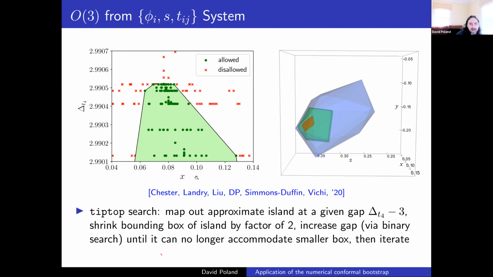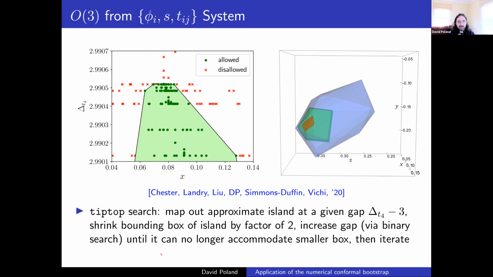The idea behind the Tiptop search is you pick some value of the gap, you map out some approximate island, and then you compute some bounding box for the island, shrink it by a factor of 2, and see how much you could increase the gap, in this case in the 4-index tensor dimension, while still accommodating this smaller bounding box of the island.